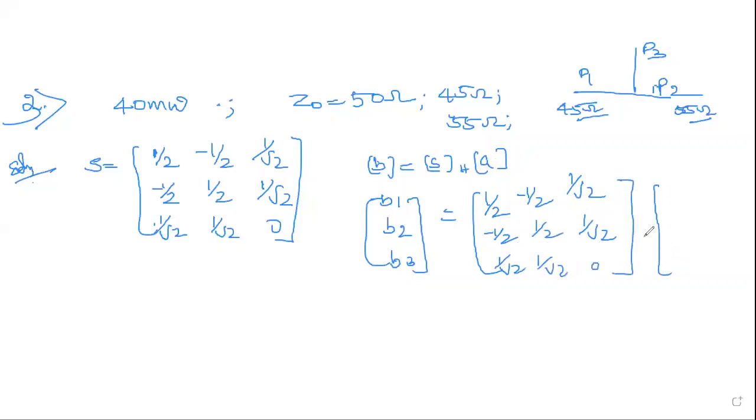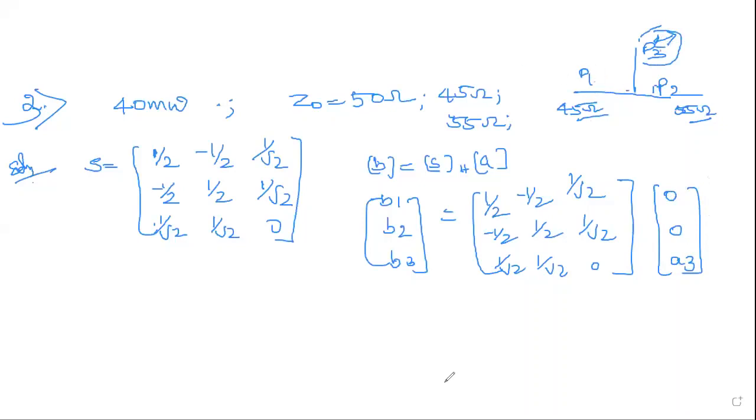The power is being fed into port 3, so the other two ports are match terminated. So you'll have A1 0, A2 0, and A3 will be the one which is remaining.